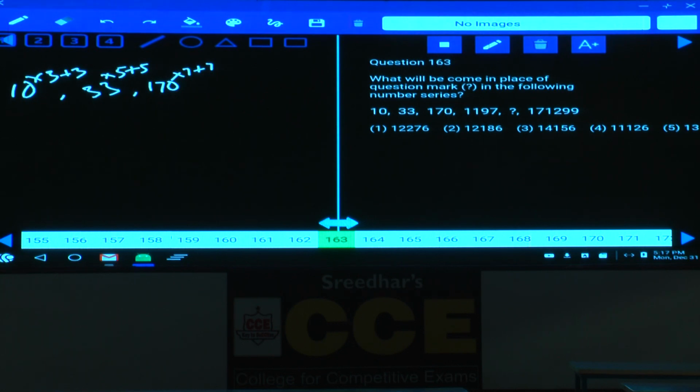Then what is the next one here? Next one is 9 or 11. If you take 9 or 11, try both. If you start with 9, then next one must be 11, which is not possible at all. Hence it is into 7 plus 7, and next one into 11.